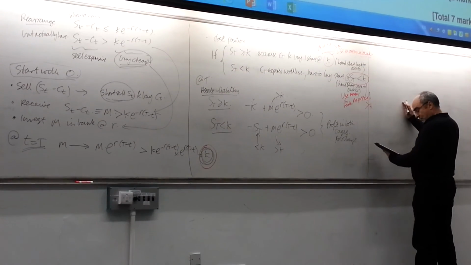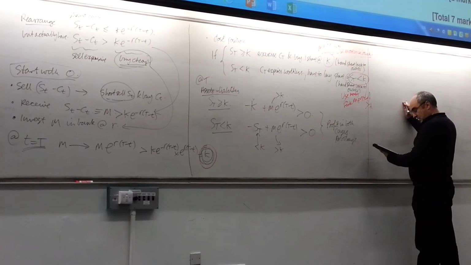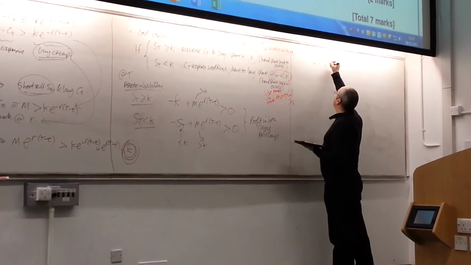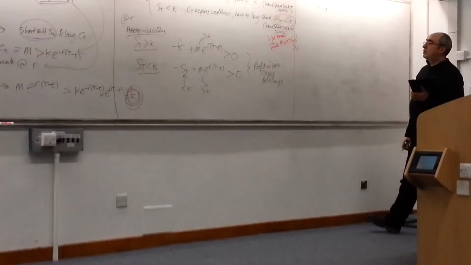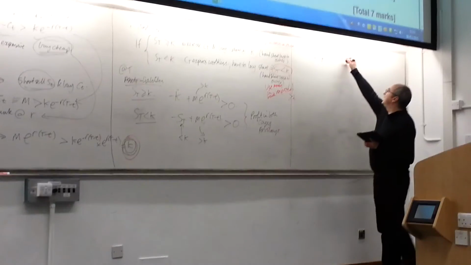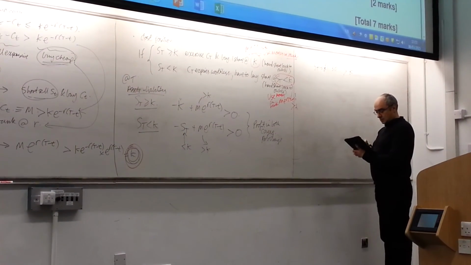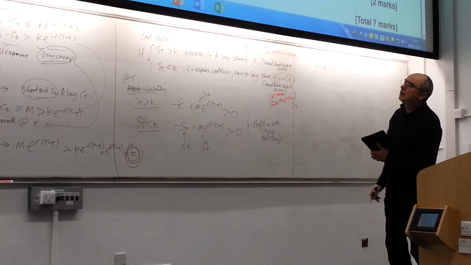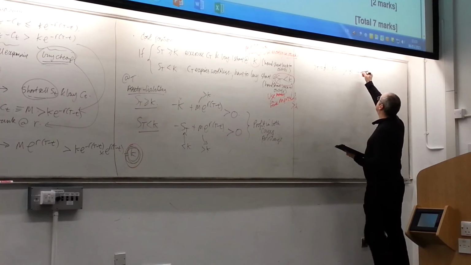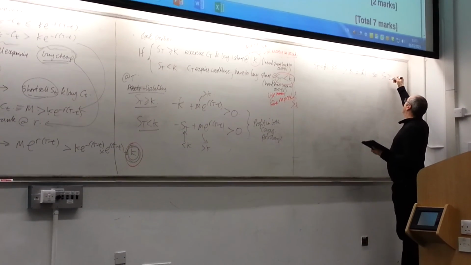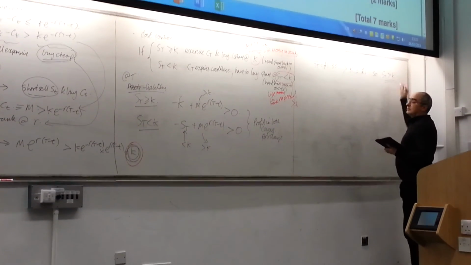So my profit would be, right, I've got S_T equals £1.30. So £1.30 is greater than K. Is it? What was K? Was that £1? K was £1. So I'm in the scenario where S_T is greater than K.